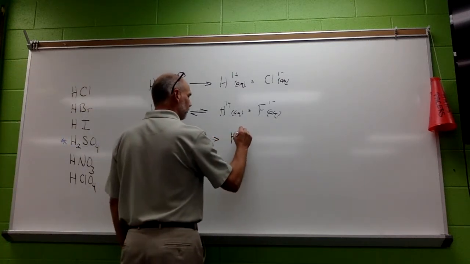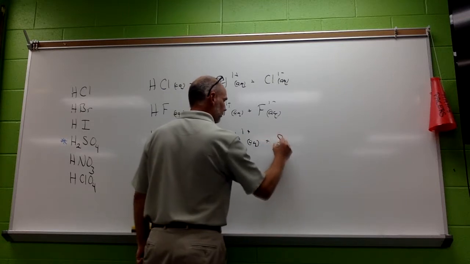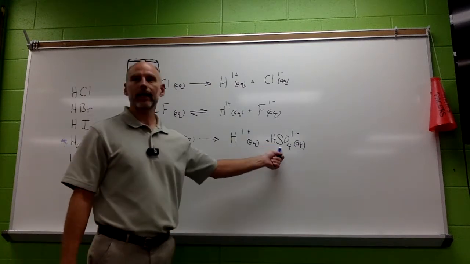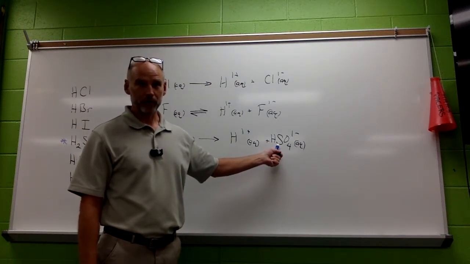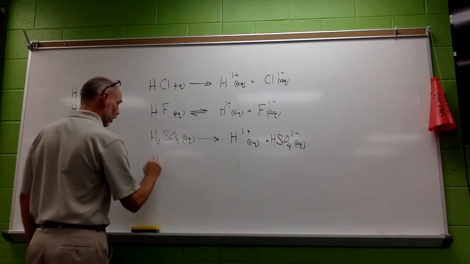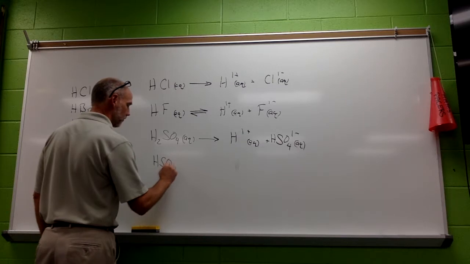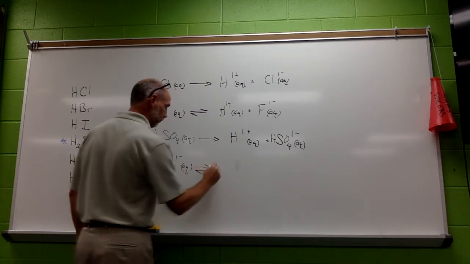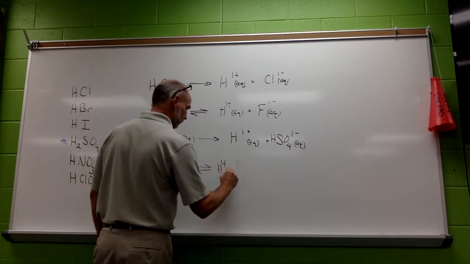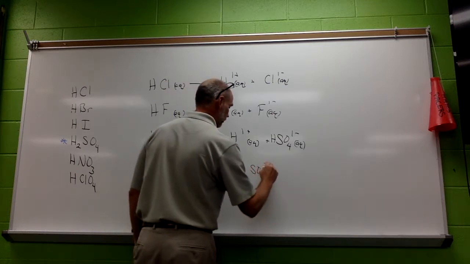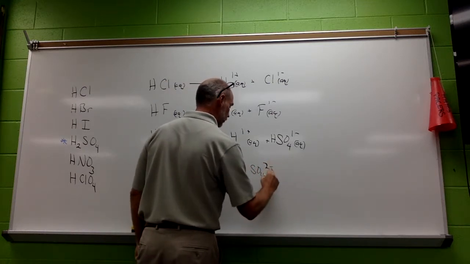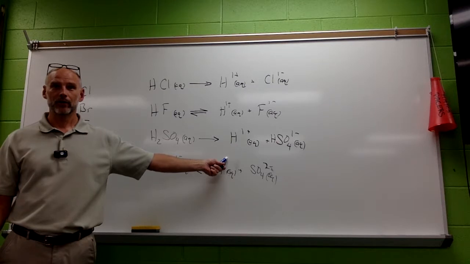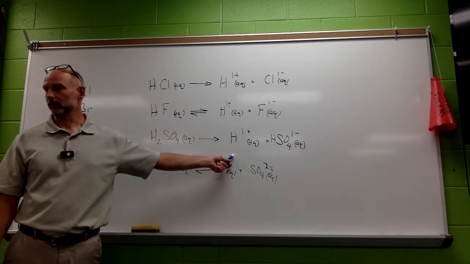So when this dissociates, we get a hydrogen ion and a hydrogen sulfate ion, which then could dissociate further, but that dissociation is a weak acid, so that doesn't occur to much of an extent.